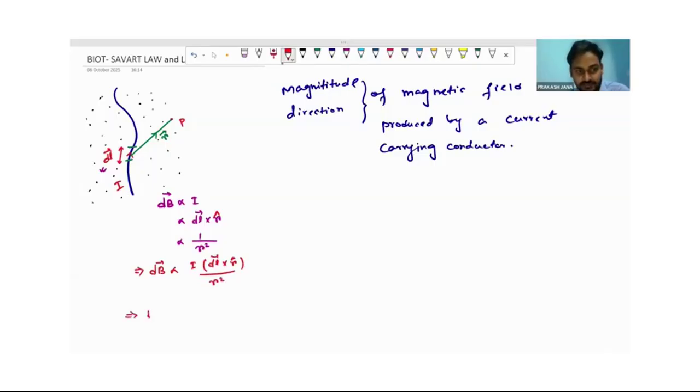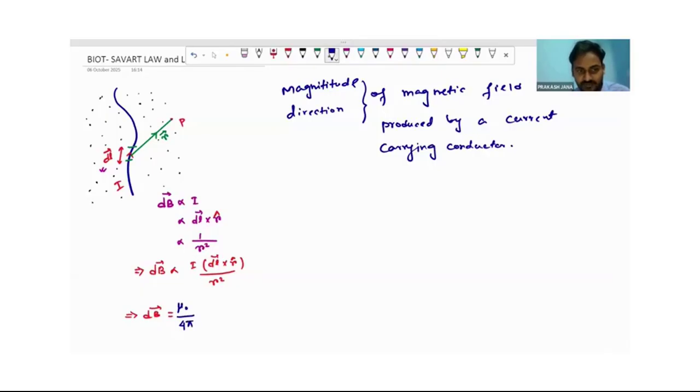Now, if we replace this proportional relation, it will become an equal sign, and the proportionality constant is actually mu naught by 4 pi.